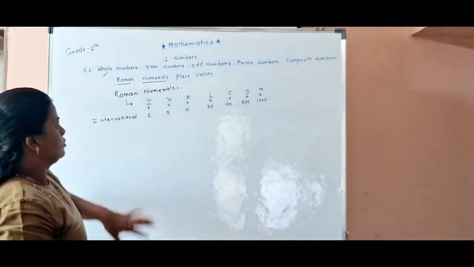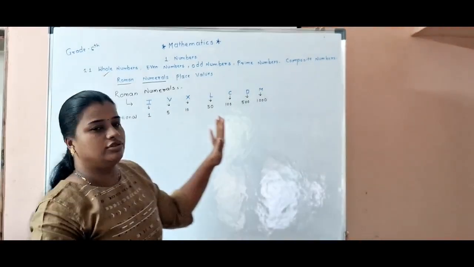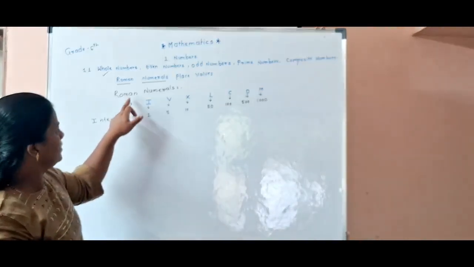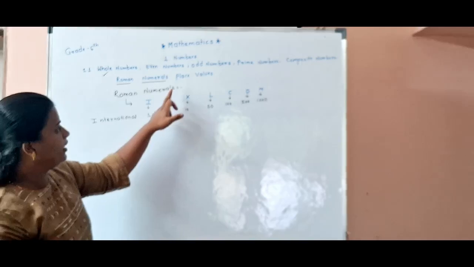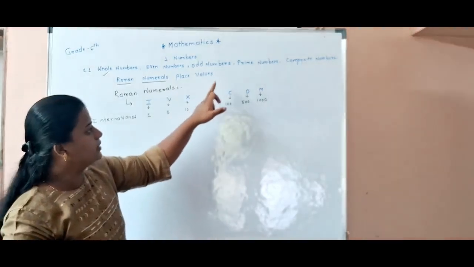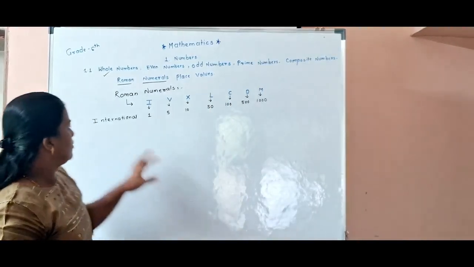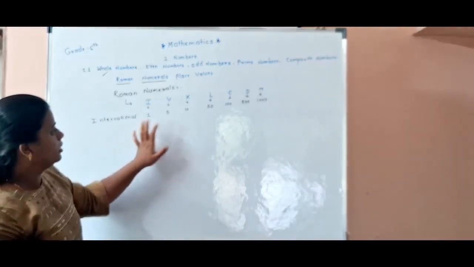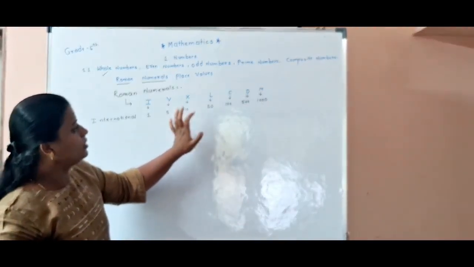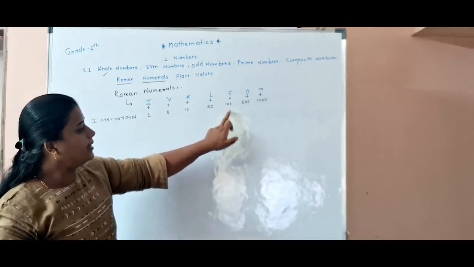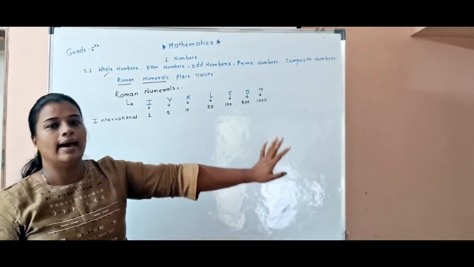Okay, so these are fixed values. Roman numerals I, V, X, L, C, D, M. Values are 1, 5, 10, 50, 100, 500 and 1000.